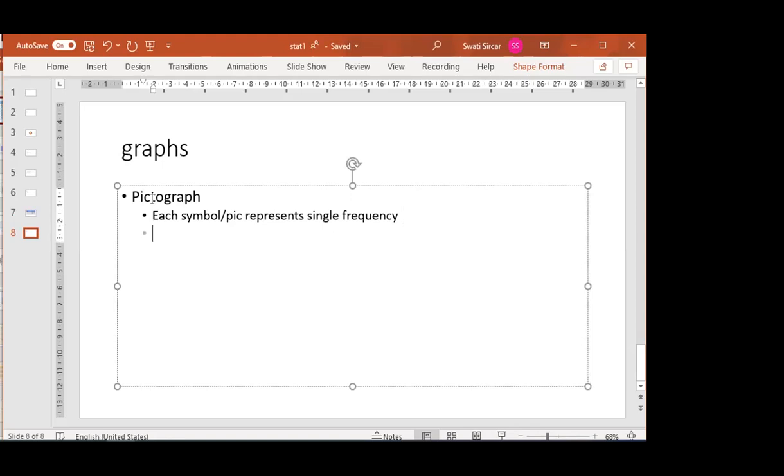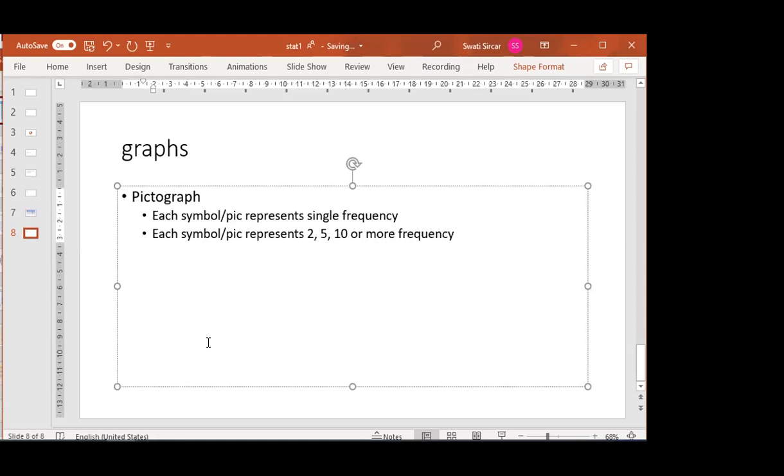So what happens at that time is you try to combine, like each symbol or picture represents, let's say, 2 or 5 or 10 or more frequency.